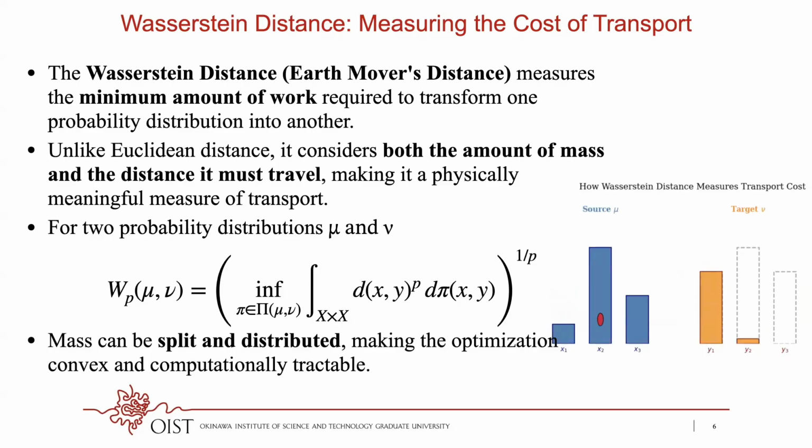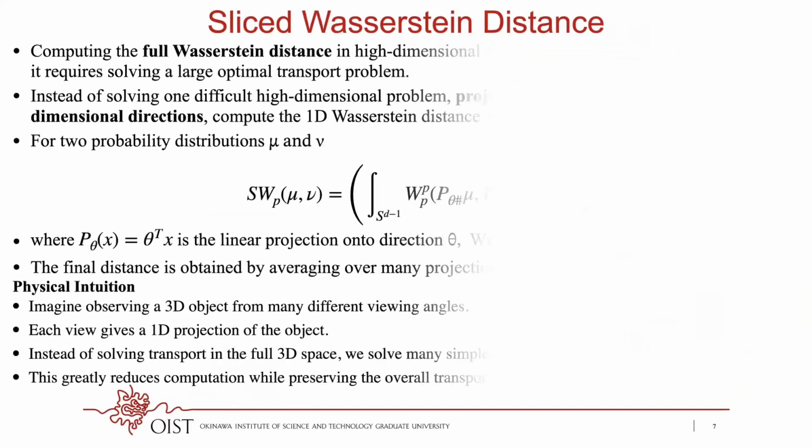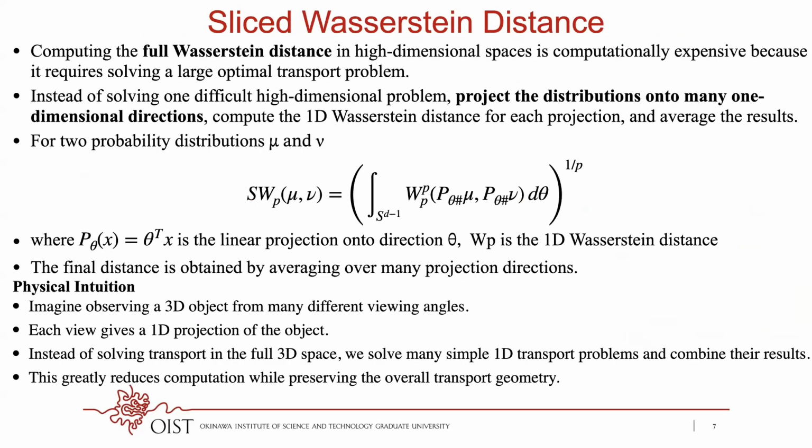Next, we are going to talk about another type of distance, which is sliced Wasserstein distance. Computing the full Wasserstein distance in higher dimensional space is computationally very expensive, because it requires solving large optimal transport problems.